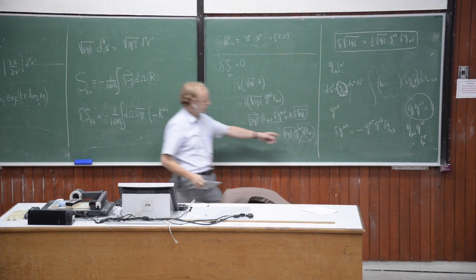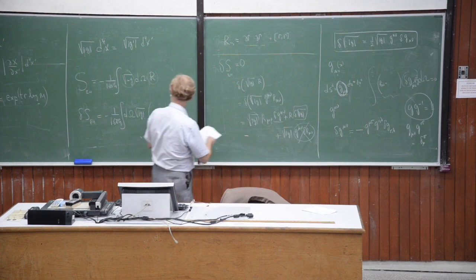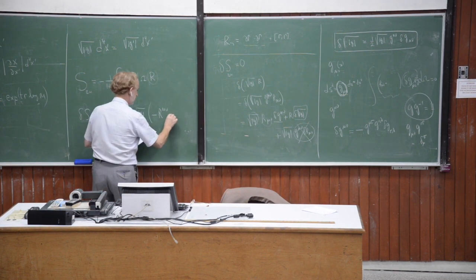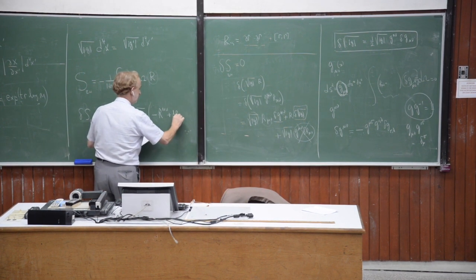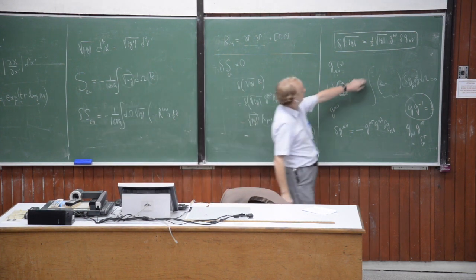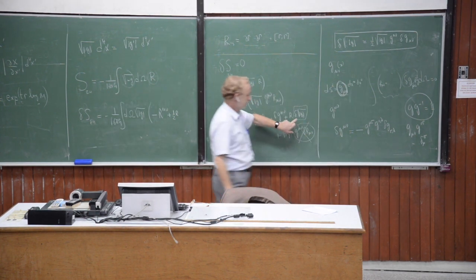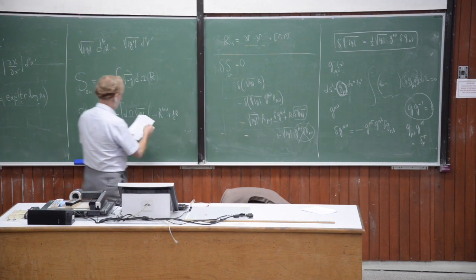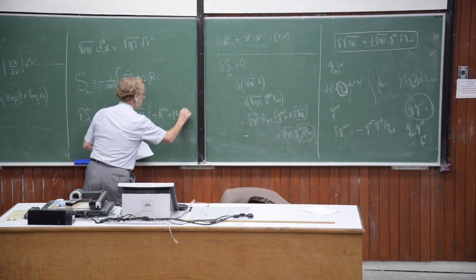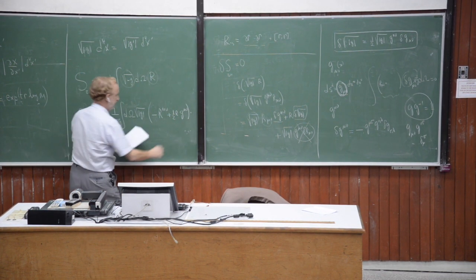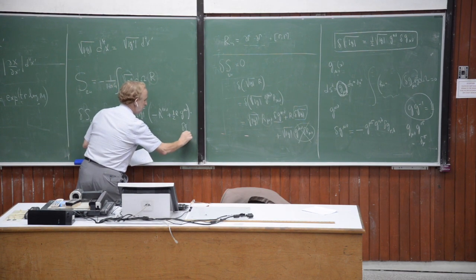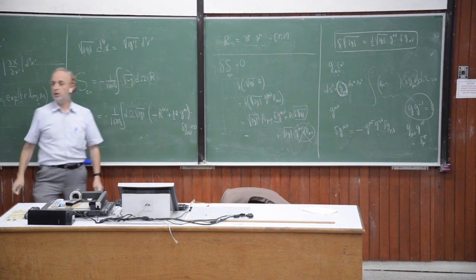That's the minus sign I get from here. And I get plus 1/2 of R from here. Okay, G mu nu times delta G mu nu. And this has to be equal to 0.